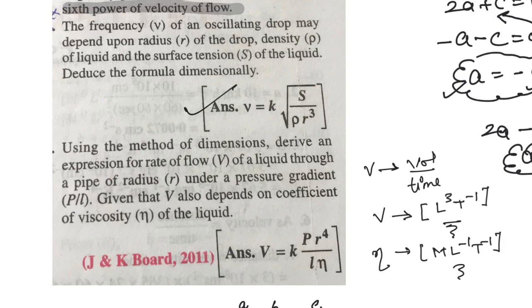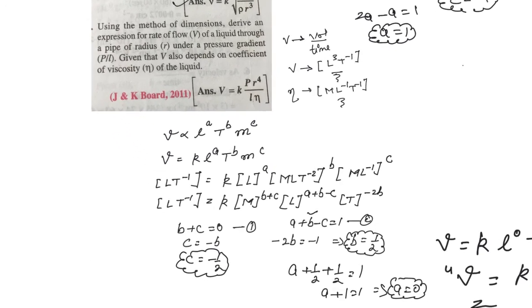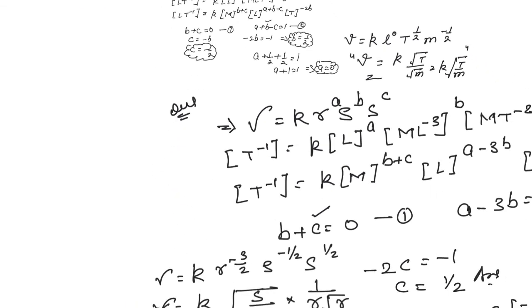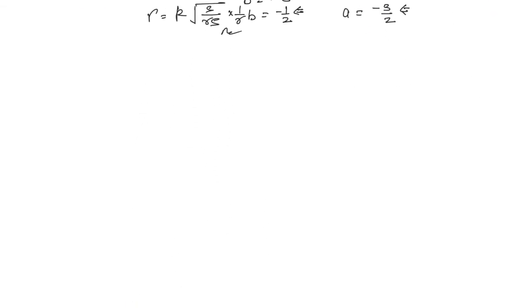So class, which equation do we have to derive? We have to derive for flow rate. That is V equals K, it depends on radius raised to power A, then pressure gradient P upon L raised to power B, and then it also depends on what was the last parameter?